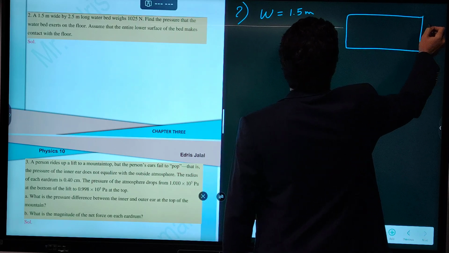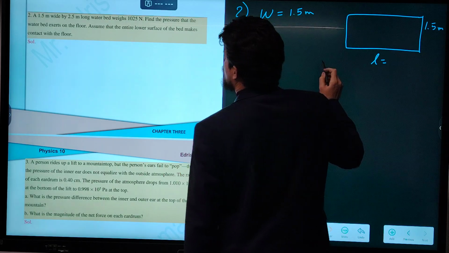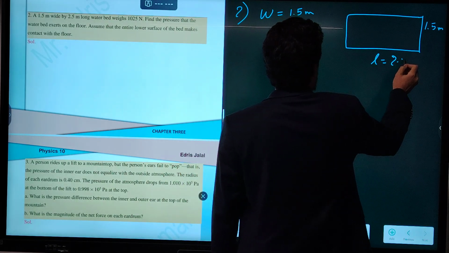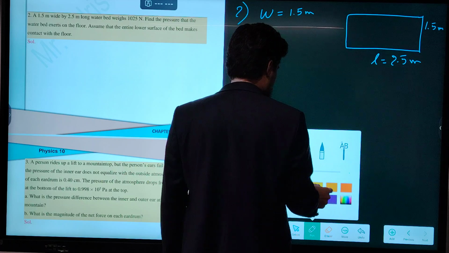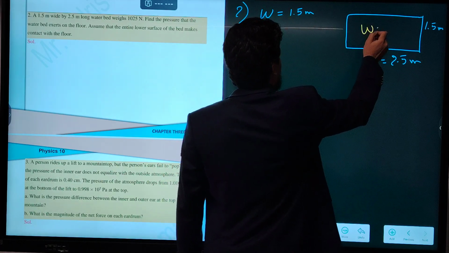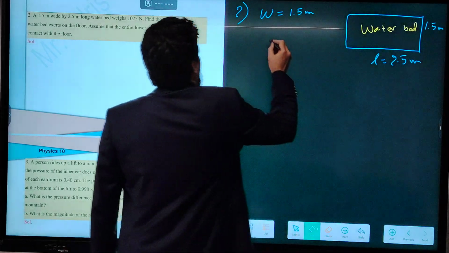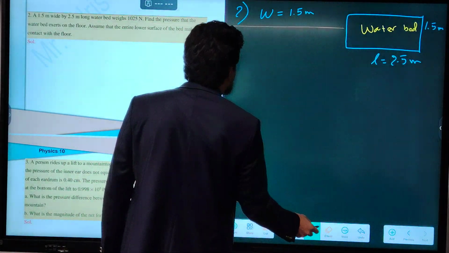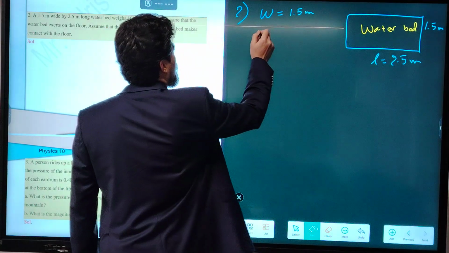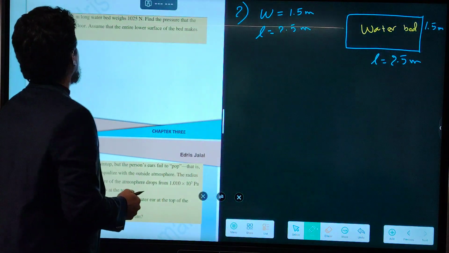And here is 2.5 meter long. This is the waterbed. So its length is equal to 2.5 meter.